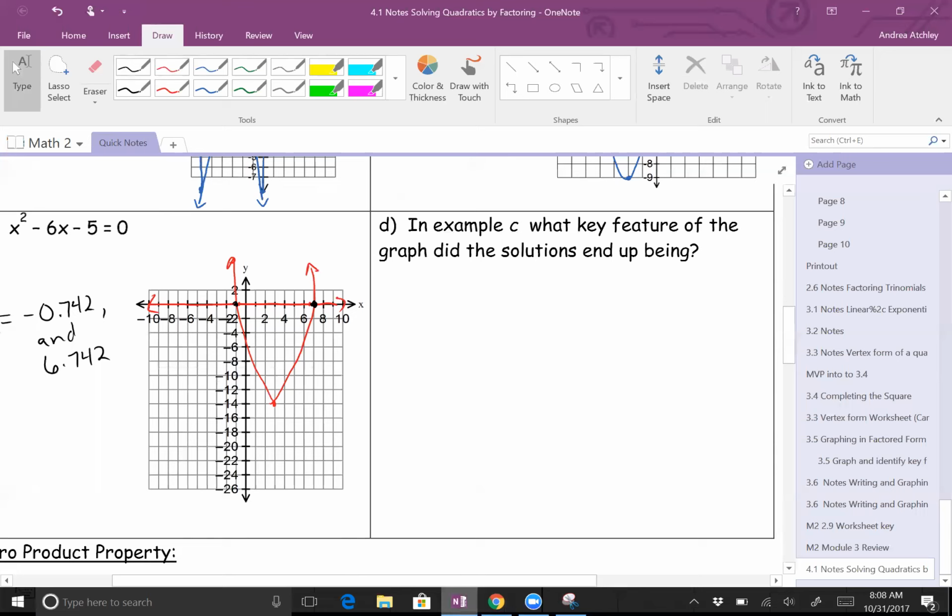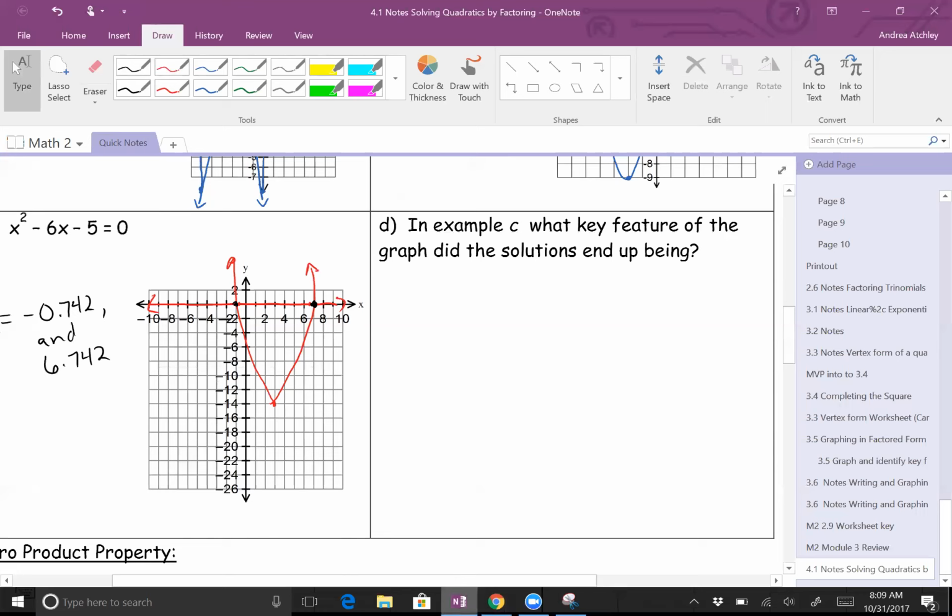Any ideas? Last module, what key features did we learn about? Okay, let's call people. Isabel, what did we learn? No, okay. What some of our key features did we learn about last chapter?